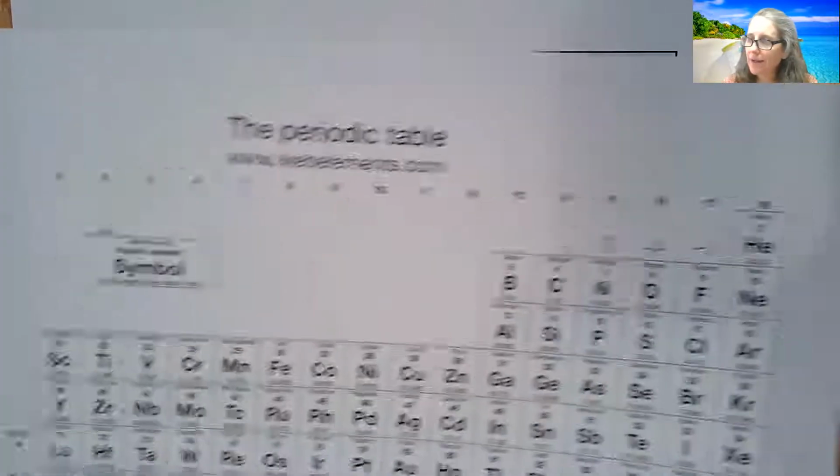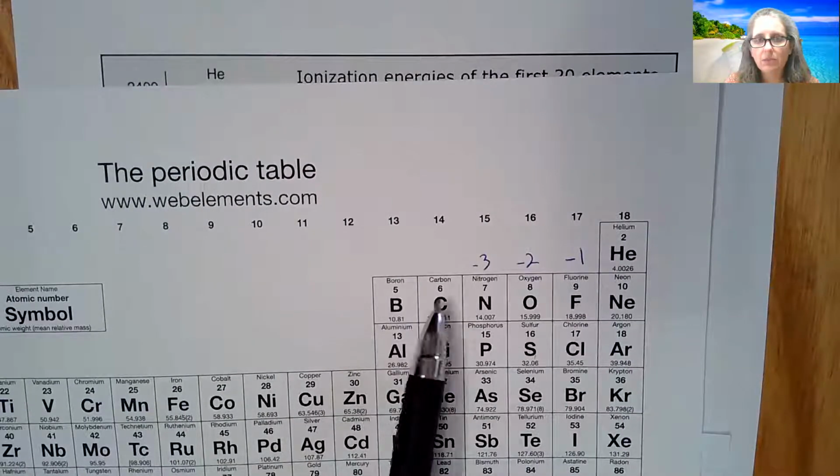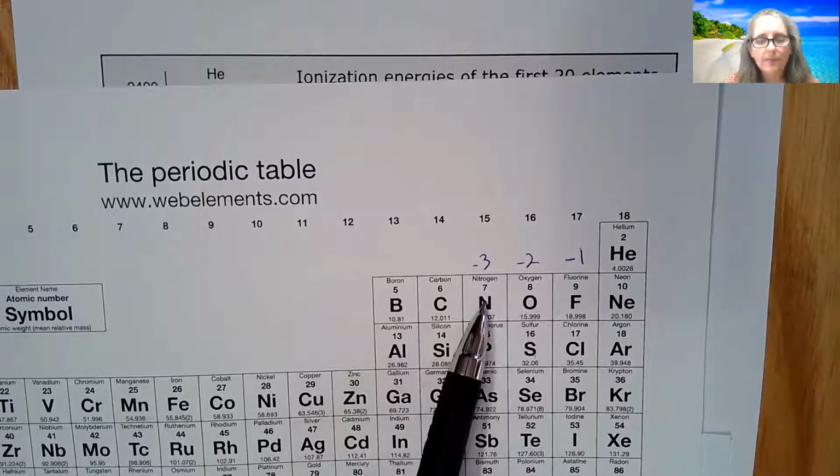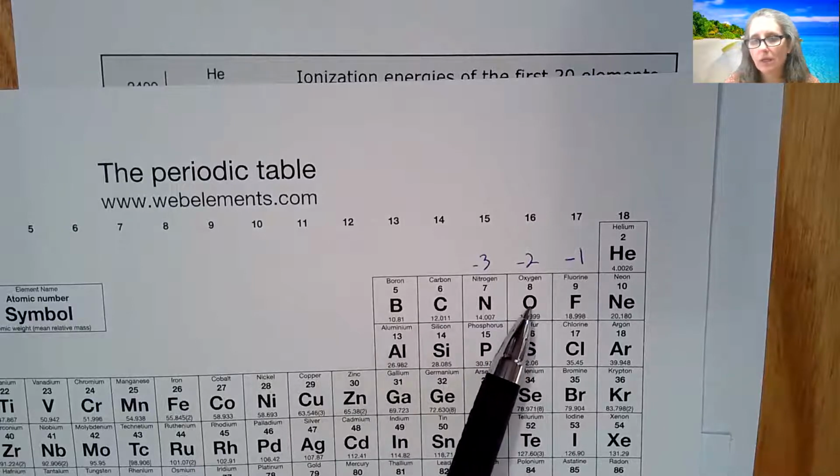Then if we look at oxygen, right next to nitrogen, this is p1, p2, p3 in terms of electrons in the p orbital. So that's where it's half filled. When I start to fill up oxygen, with the 8th electron, I start to pair them up.